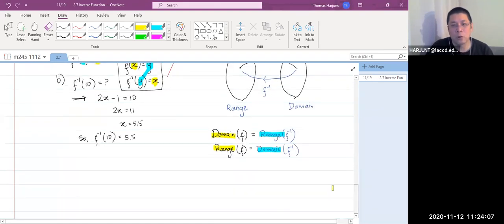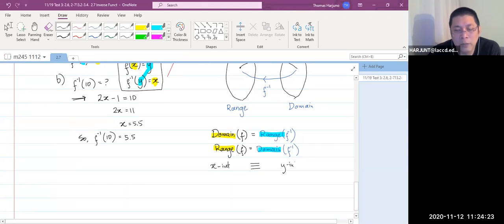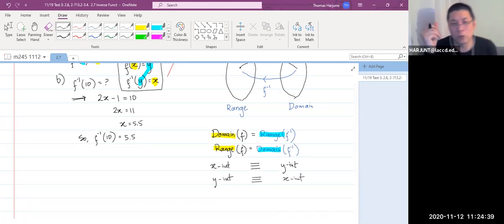Actually, furthermore, you will see the following phenomena, and we will see that very soon. You will see that the x-intercept of the function has something to do with the y-intercept of the inverse. The y-intercept of the function has something to do with the x-intercept of the inverse. And actually a lot more.